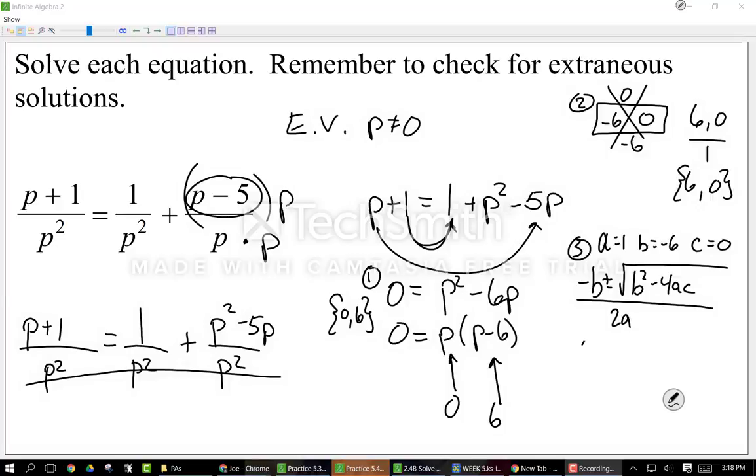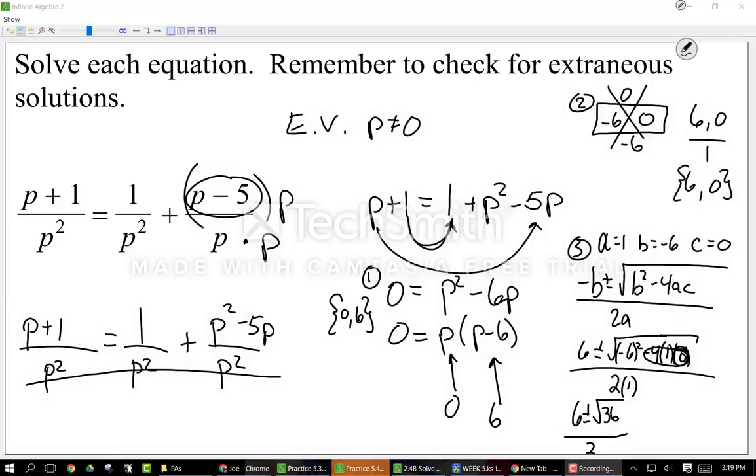The opposite of b is 6, plus or minus the square root of negative 6 squared minus 4 times 1 times 0. Because this is a 0, that makes all of that a 0. Divided by 2 times 1, which is 6 plus or minus the square root of 36, over 2.